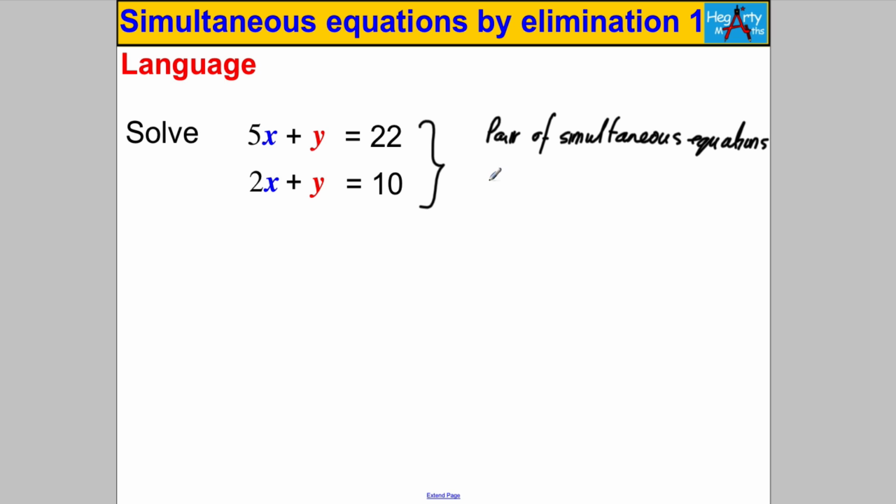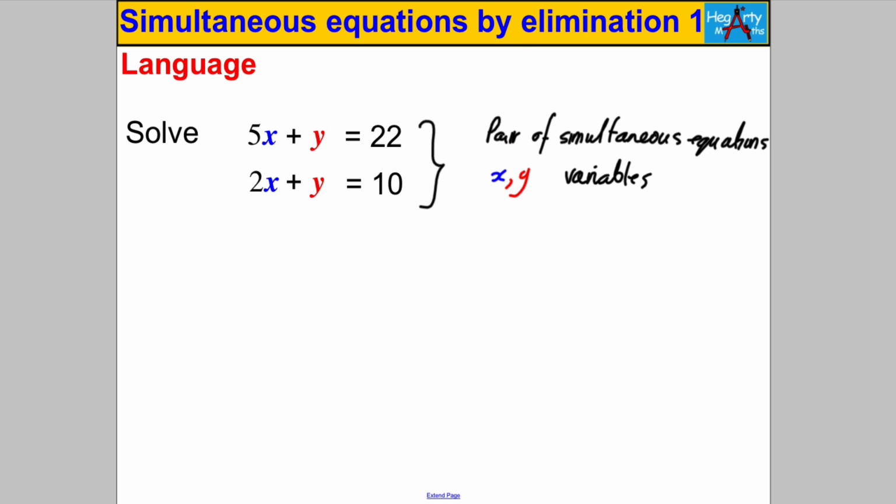Now, x and y have a name. Do you remember what we call x and y? X and y are called variables. They're unknowns and we need to find what their values are. That's what solve these means. We have to find both the x and the y that make these true at the same time. So when we found an x and a y that makes this one true, it also has to make this one true.